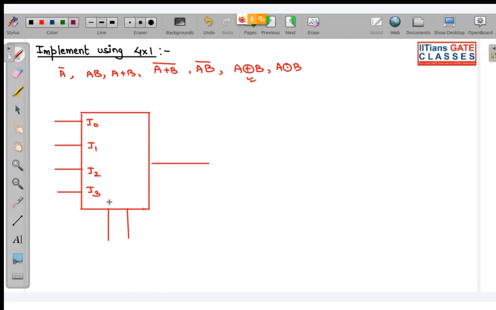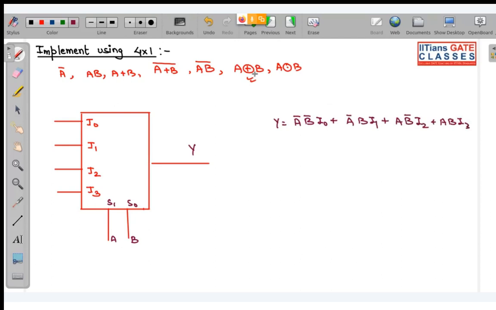So this is S1, this is S0. Always remember, I will place the variables in the selection lines. If this is AB, and I want to construct A XOR B, then Y will be equal to A bar B bar I0 plus A bar B I1 plus A B bar I2 plus AB I3.